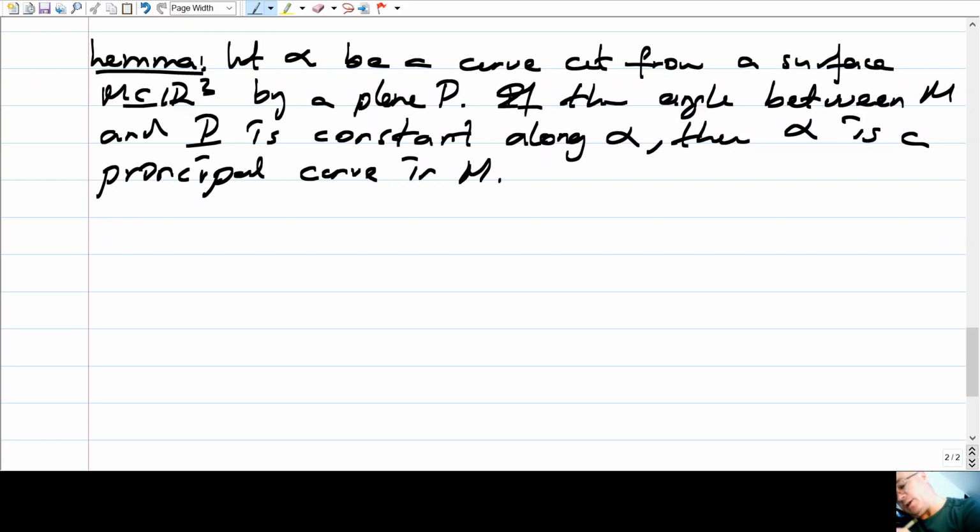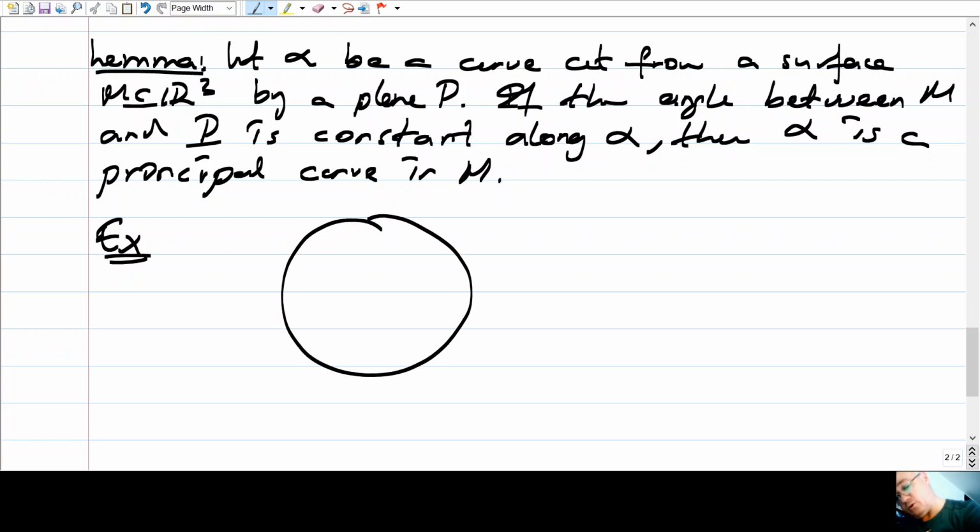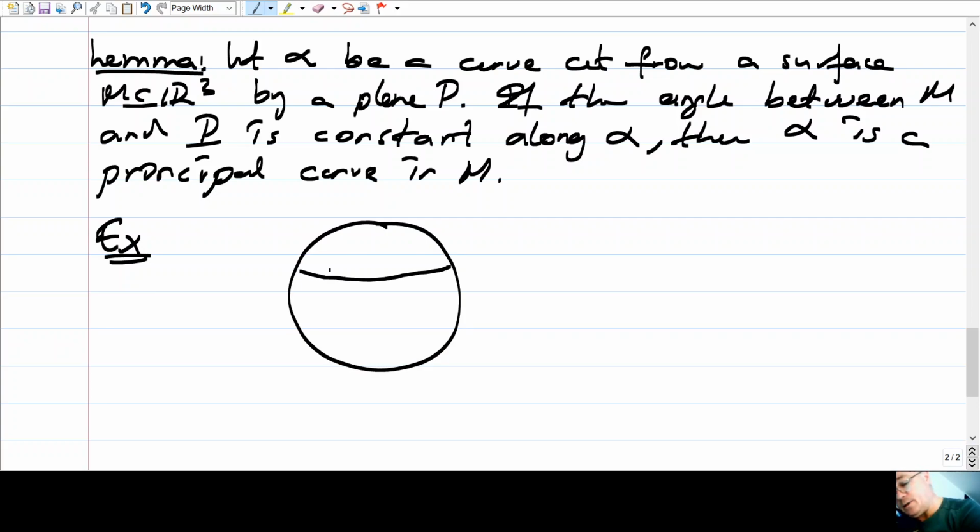First, let's see why this is the case, or maybe I can just explain on a figure. Suppose we have a sphere. When we cut this by a plane like this, we get a parallel.